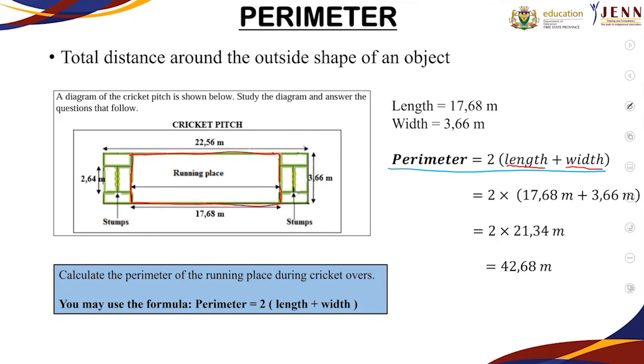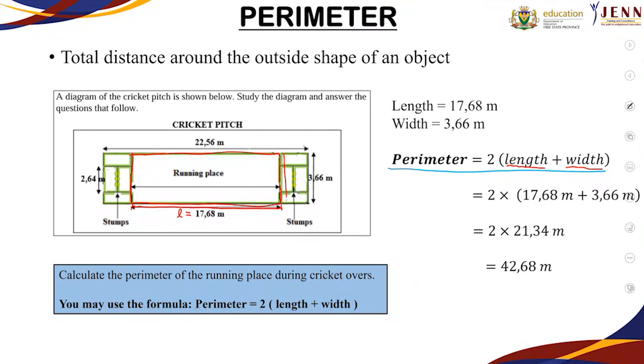Now here they gave us a formula that we must use. So which means I need to know what is the length of this cricket place. If you can see at the bottom here, the distance from one end to the other is that the length is 17,68 meters.